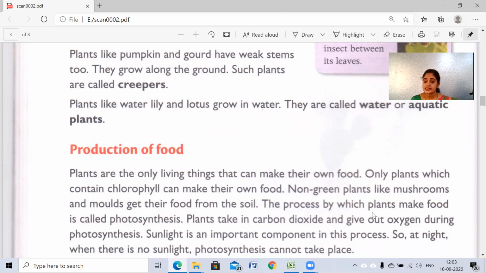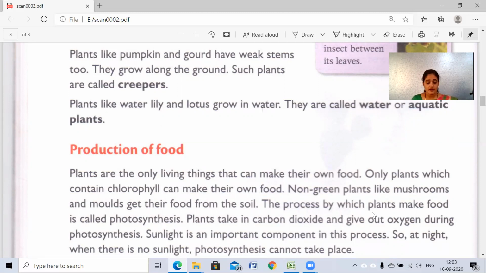By using these things, they will prepare their own food. So, plants are the only living things that can make their own food. They will not depend upon other living organisms for their food.